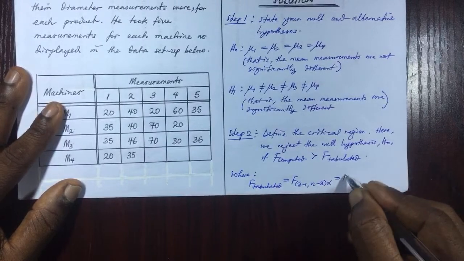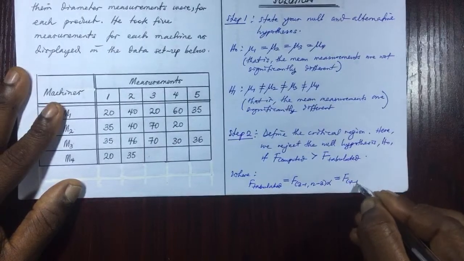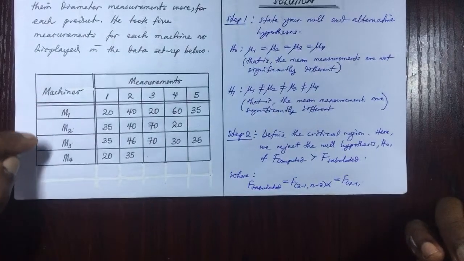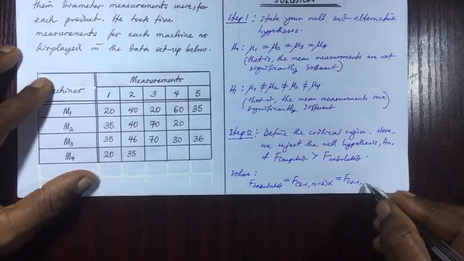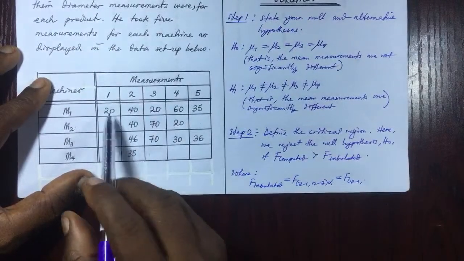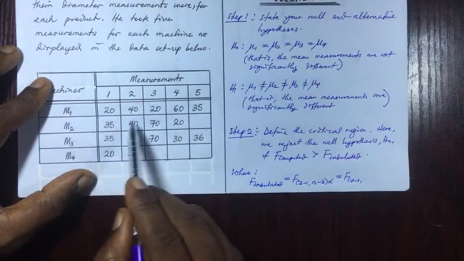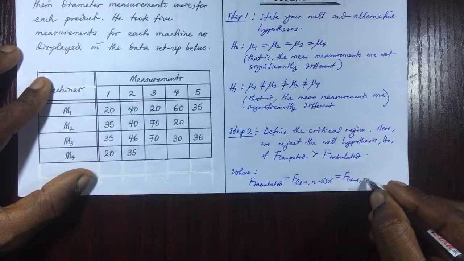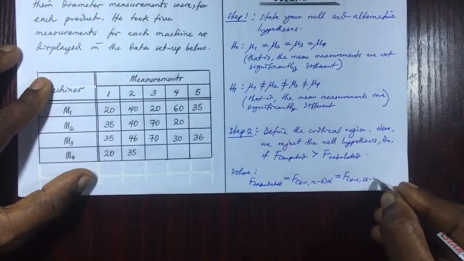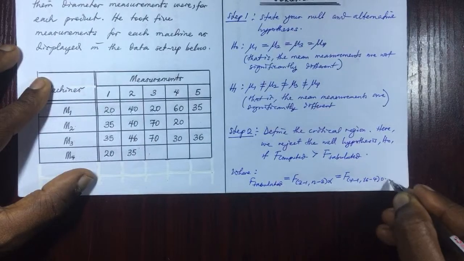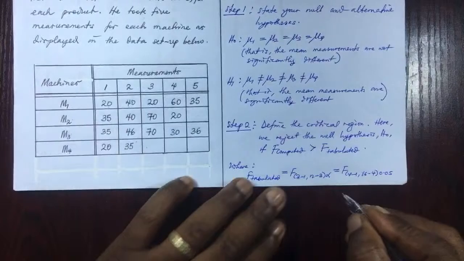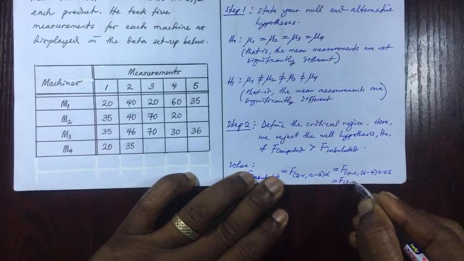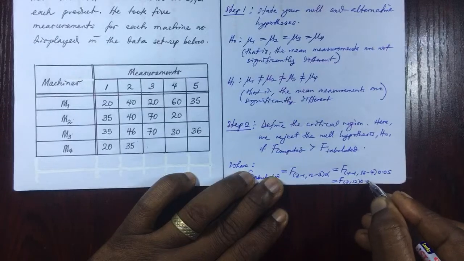So this will be F at 4 minus 1, because we clearly have 4 treatments, and a total of 1, 2, 3, 4, 5, 6, 7, 8, 9, 10, 11, 12, 13, 14, 15, 16 observations, so my N is 16 minus A, which is 4, at 0.05. So this will give me F at 3, 12, 0.05.